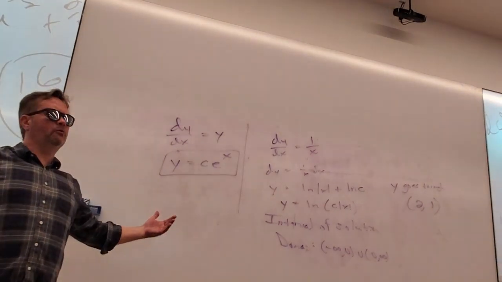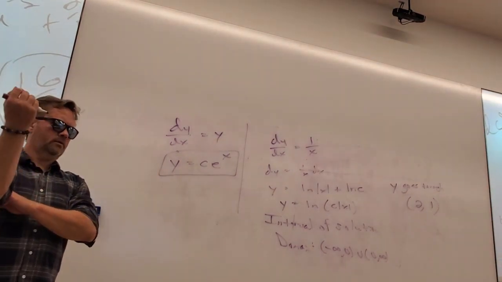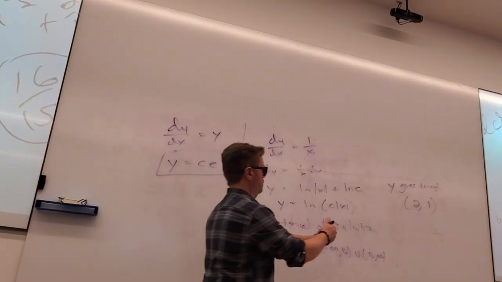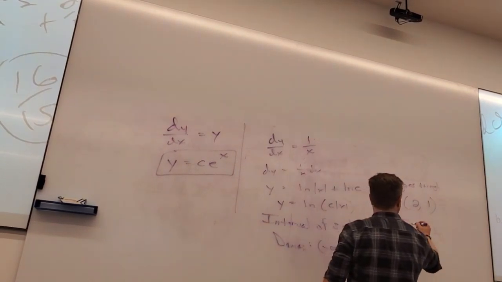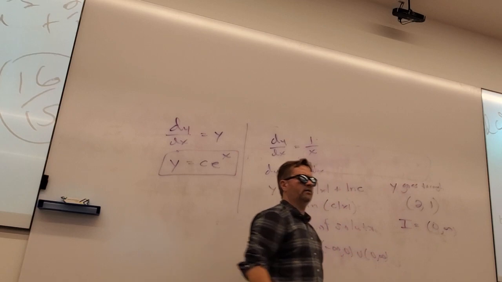You can already tell me which interval this works for, right? Which interval would it be? 0 to infinity. So the interval on which this solution exists is from 0 to infinity, because 2 is on that interval.